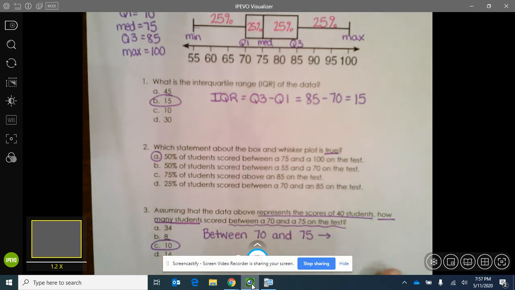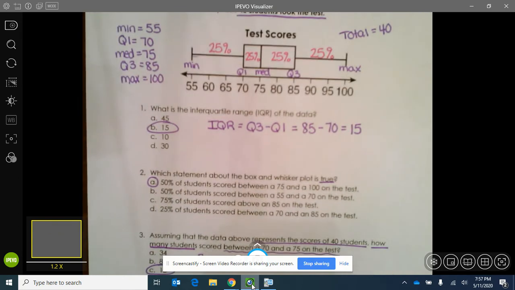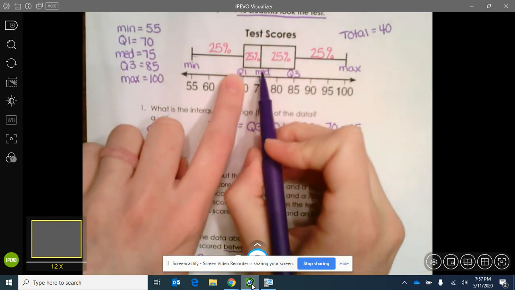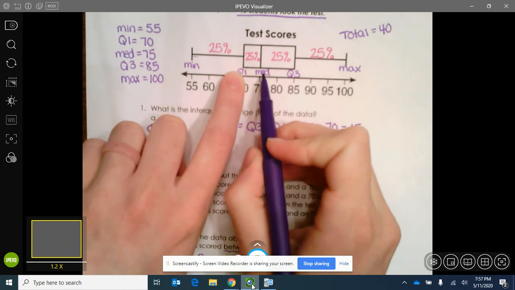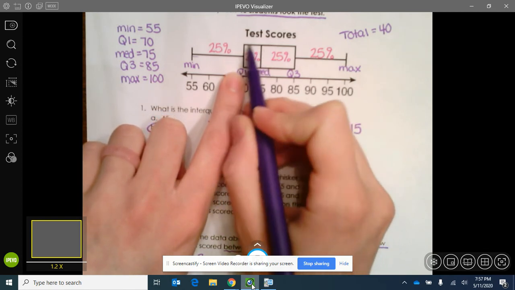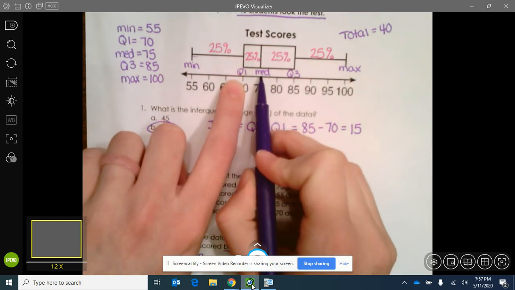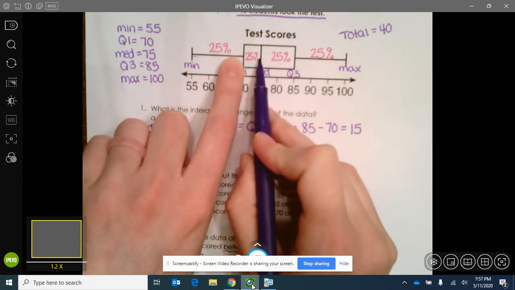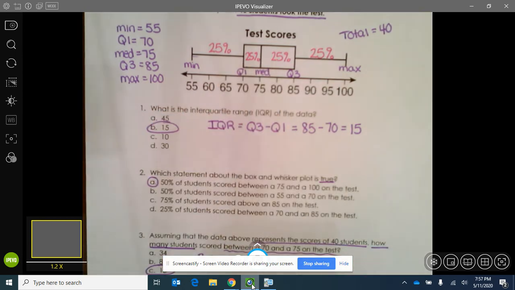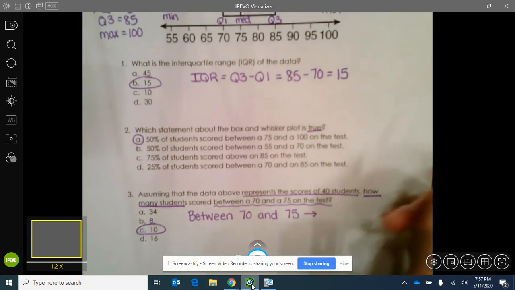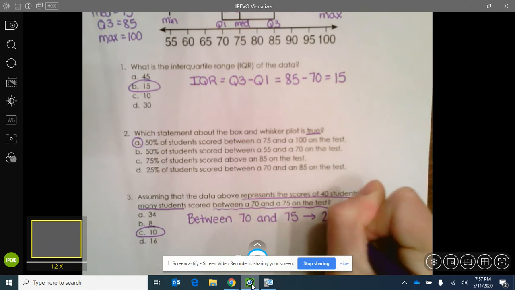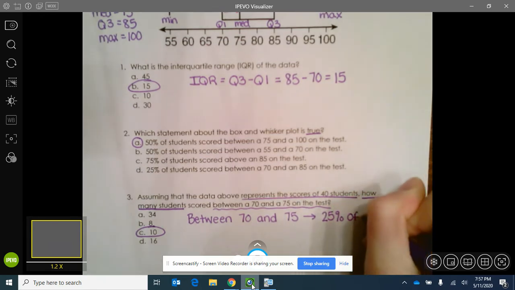First thing you need to do is go back to your box and whisker plot, look at 70 to 75. Now 70 to 75 contains 25% of the data. That's half of the box, so that's one part of the box and whisker plot, it's 25%. So between 70 and 75 is 25% of the data.